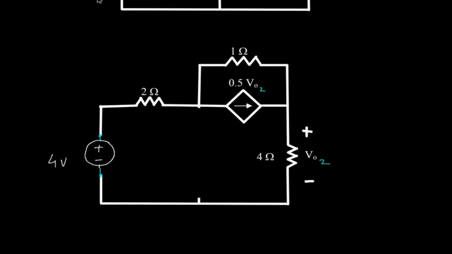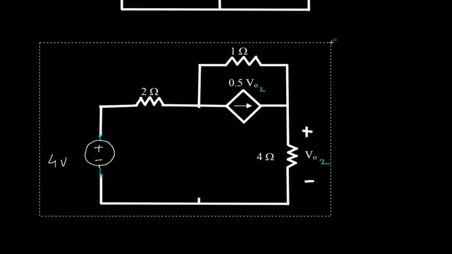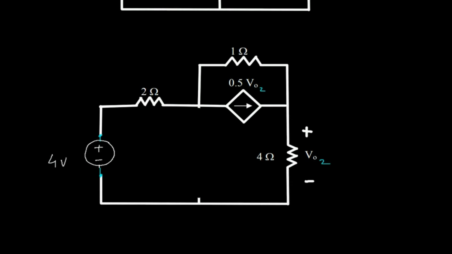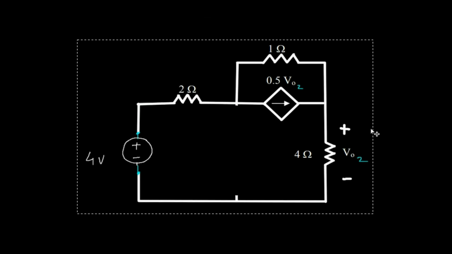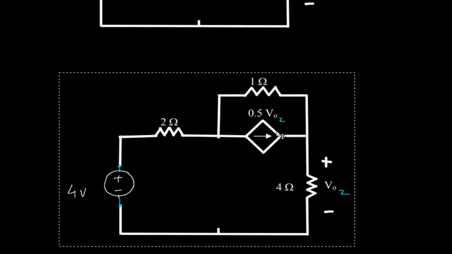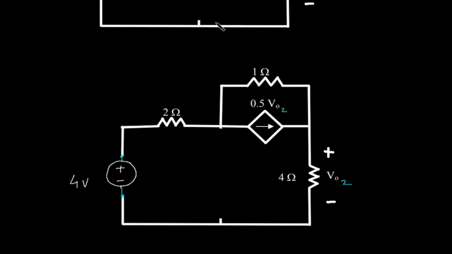Also we will convert this dependent source into its equivalent voltage source. This resistor will come in series here, the 1 ohm resistor will come in series.